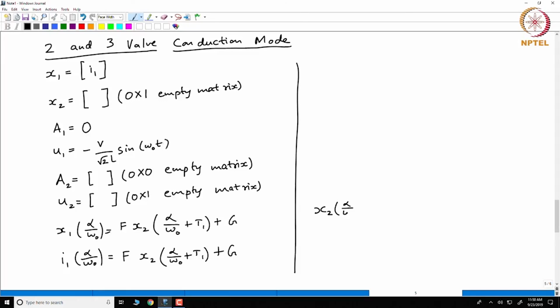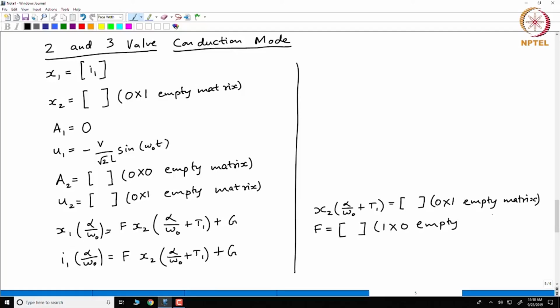So x2 itself is empty means x2 evaluated at any instant is also empty. So this is an empty matrix of size 0 cross 1. So what is the size of F? 1 cross 0. So it's also an empty matrix, of size 1 cross 0.